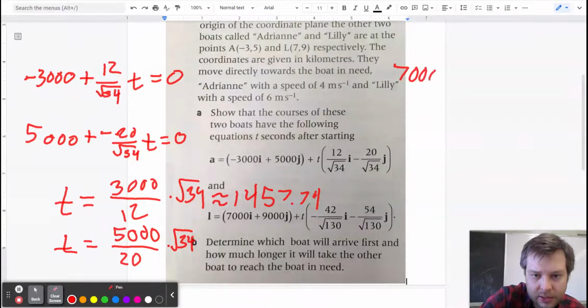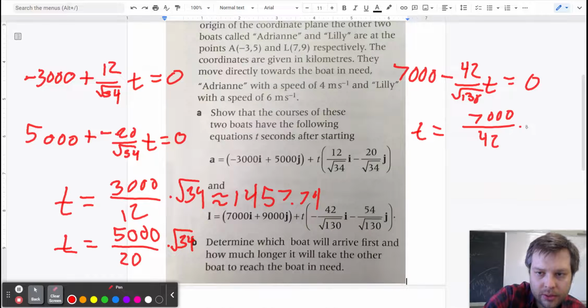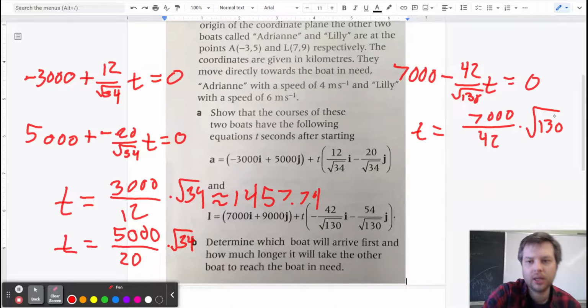Now let's do the same game with Lily's coordinates. I'm just going to do it for one of them this time. Lily would be 7,000 minus 42 over root 130 times t equals 0. So t equals 7,000 divided by 42 times the square root of 130.